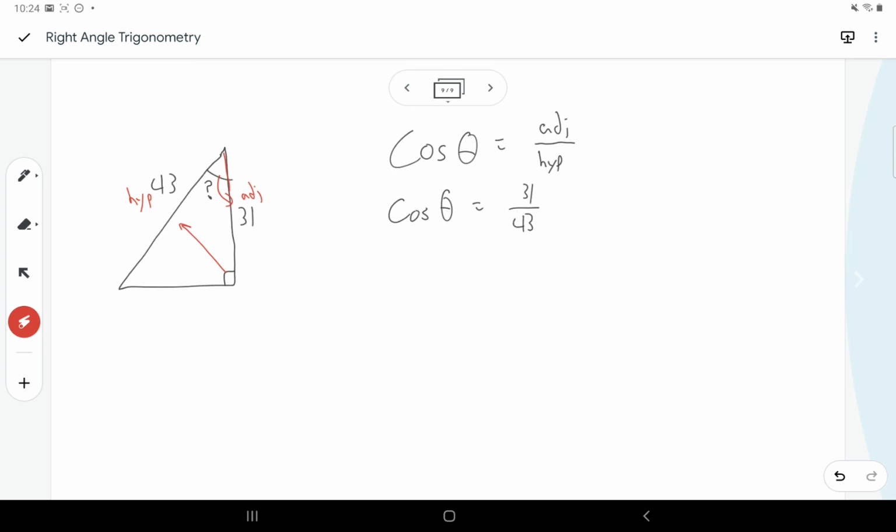Okay, so 31 divided by 43 gives us our cosine of theta, cosine of theta equals 0.7209. Again, keeping those 4 decimals there. And finally, we just have to get rid of this cosine. In math, when we're trying to get rid of something, we just use its opposite.